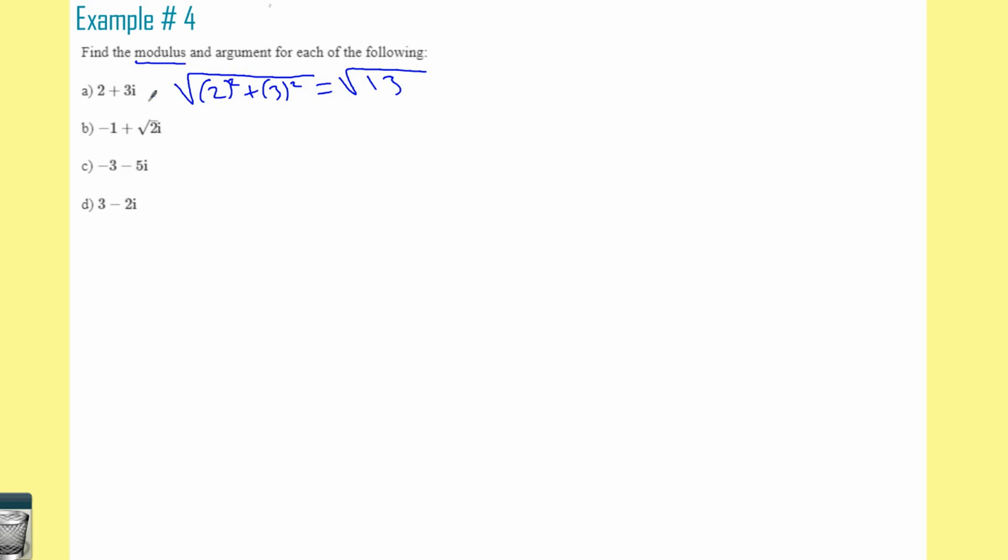Then for your argument, remember it's the tangent of the angle is your y part over your x, so the imaginary over your real, so 3 over 2. So here for the argument, all we really have to do is the inverse tan of 3 over 2.